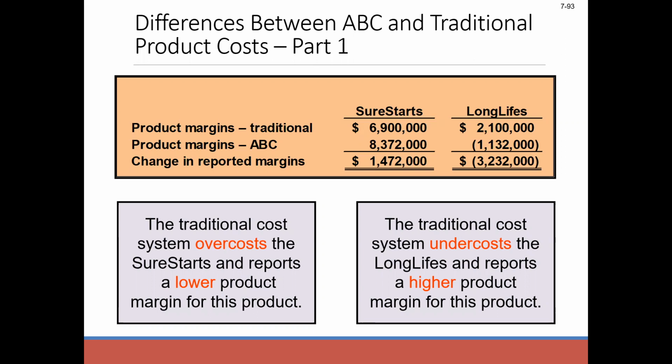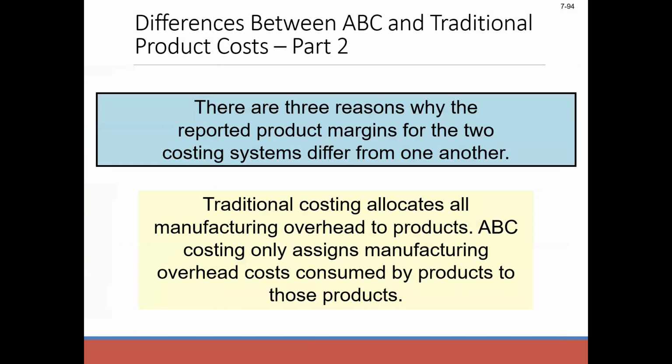And it undercosts the long lives, and reports a higher product margin for this product. So doing it under traditional costs makes it as though we're doing great with the long lives. Doing it under ABC gives us a different picture. There are reasons why they're different.